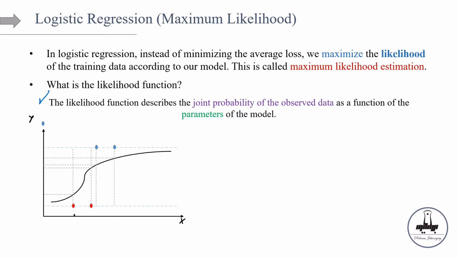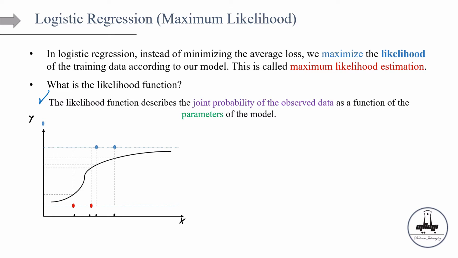X is, for example, a feature, and y can be any categorical variable, right? Pass or fail, blue or red, a loan application approved or denied, buy or sell, whatever you can think of. So let's say we have very simple 4 observations in this data set. Two of them are actually red and 2 of them are actually blue.